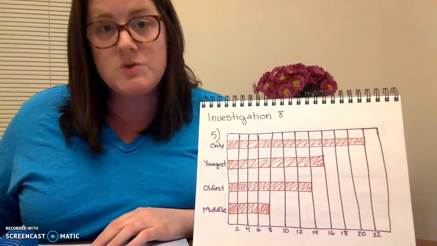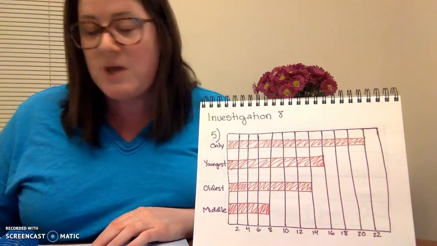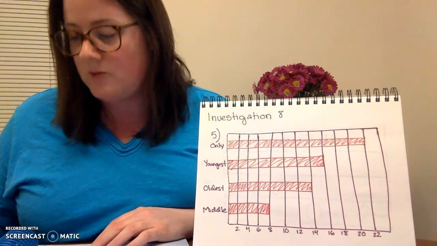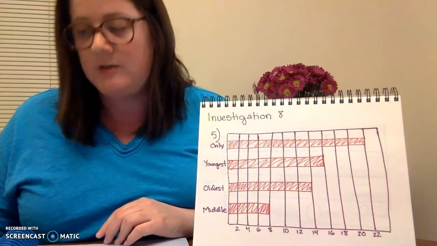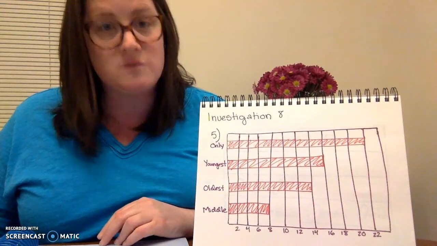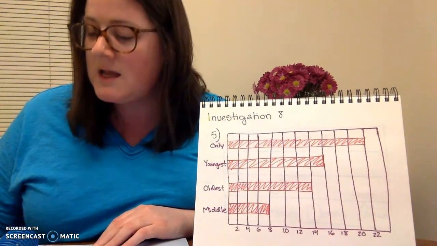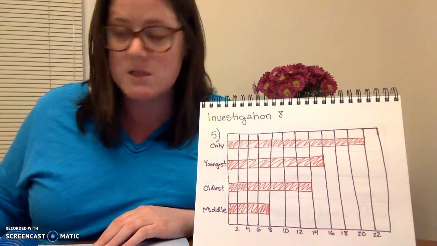And then it goes across. And our legend tells us that each picture of pizza represents 4 children who chose pizza. Each icon, symbol, picture of a hamburger represents 4 children that chose hamburgers. And each hot dog represents 4 children who chose hot dogs.